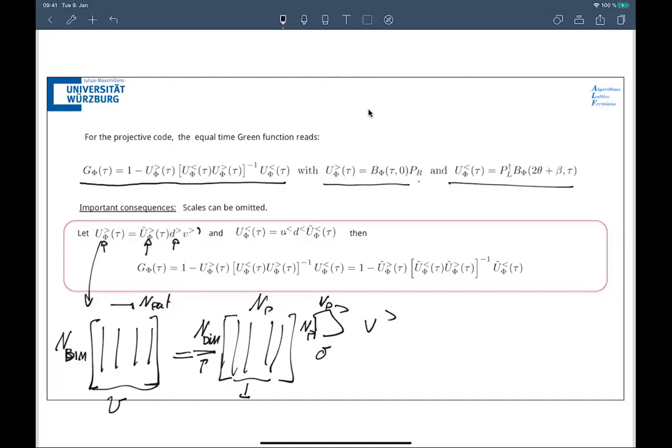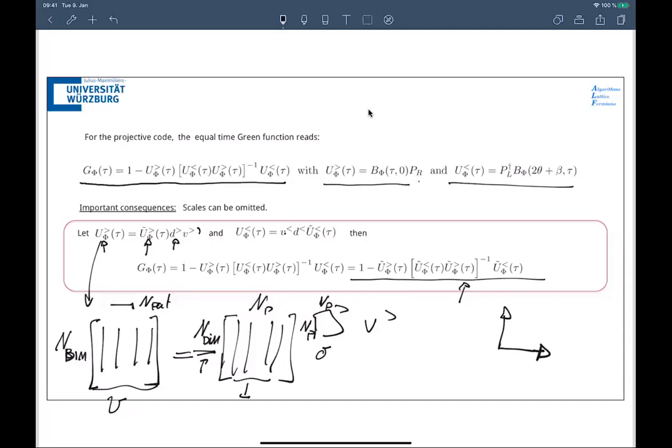The V's also cancel out. And what you obtain is something like that. That's extremely interesting, because it tells you that all the physics of the projector code is a sort of an orthogonal system, which always stays orthogonal, but moves as a function of imaginary time, and that's the only information you really need.